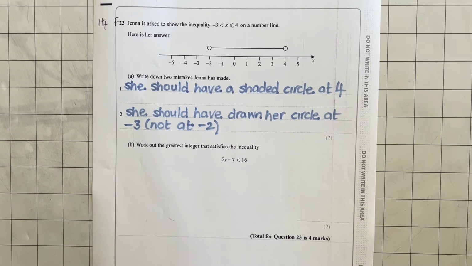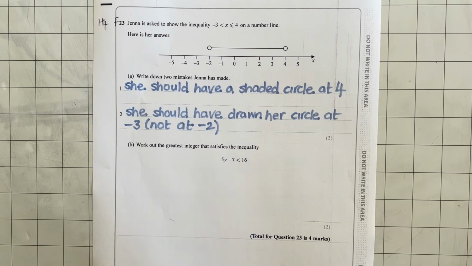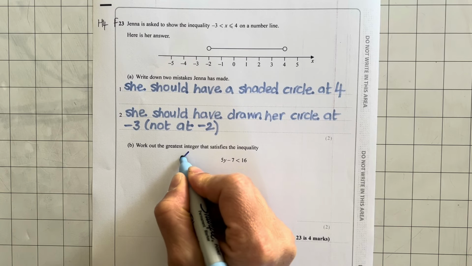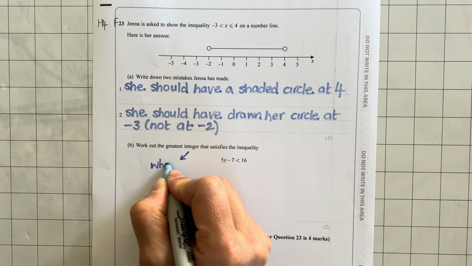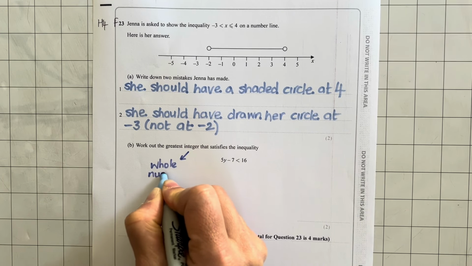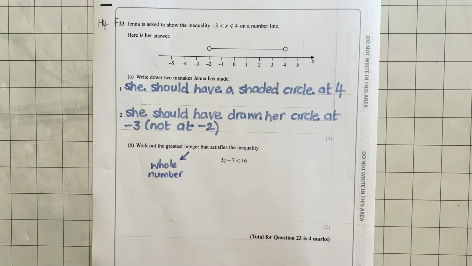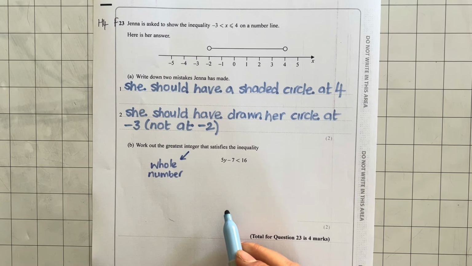In part B, we're asked to work out the greatest integer that satisfies the given inequality. We know an integer is a whole number. The first thing that we need to do is to rearrange this inequality so we can find out what the relationship to y is.